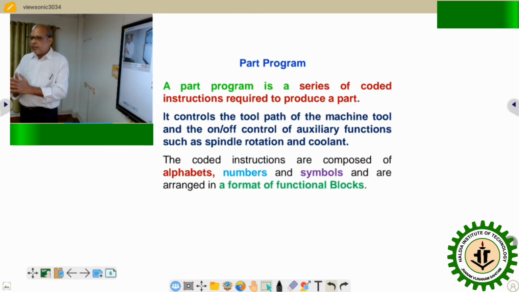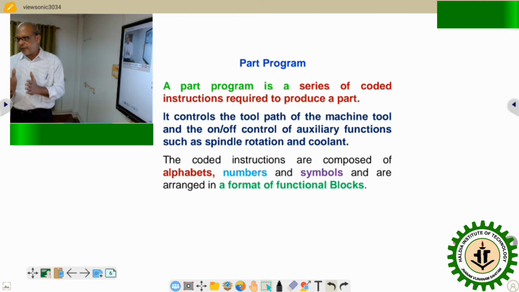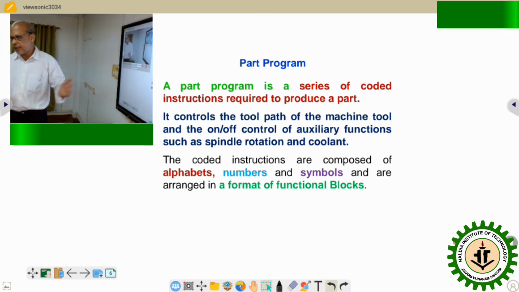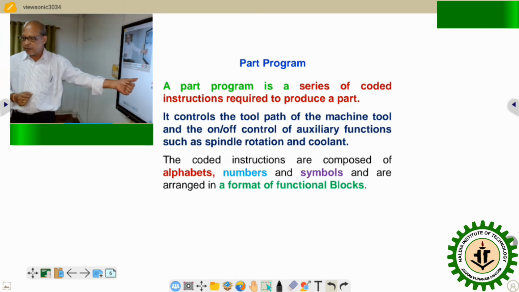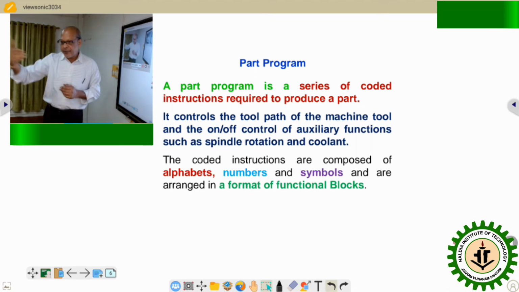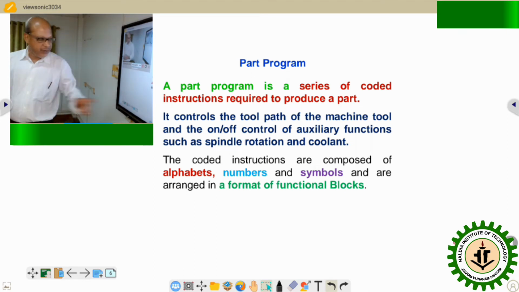But strictly speaking, it is alphanumeric. Alphabets will be there and some numerics, and in some cases some relational operators in the form of symbols may also be present in the part program, and all the instructions should appear in a logical manner in functional blocks.